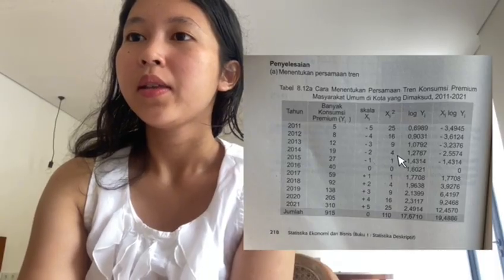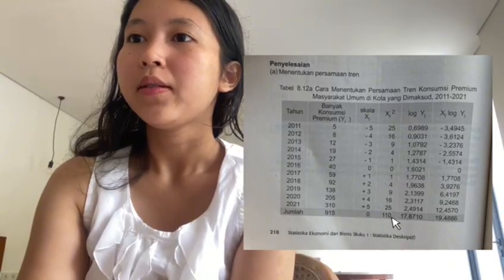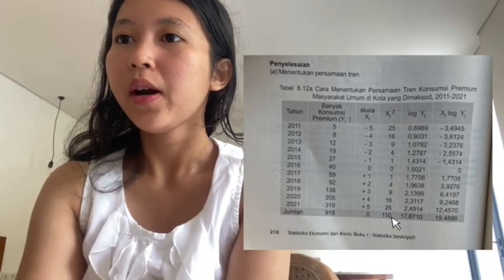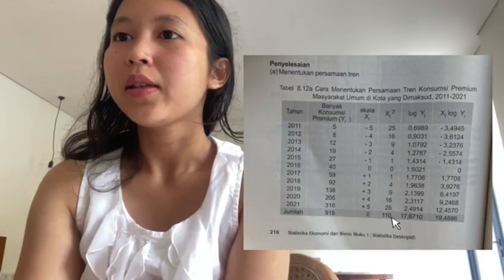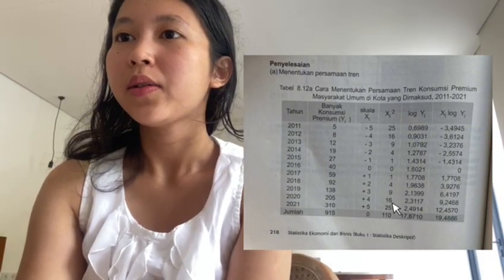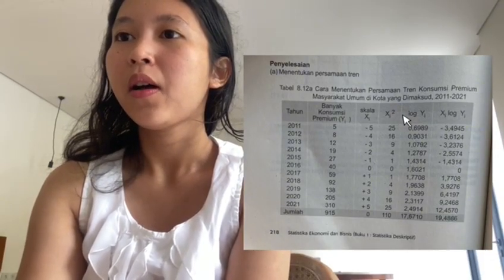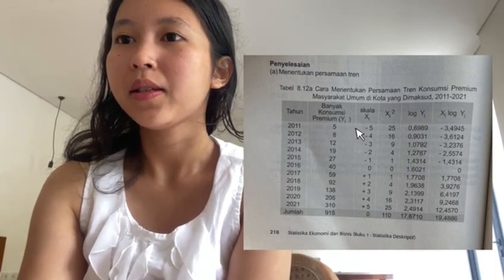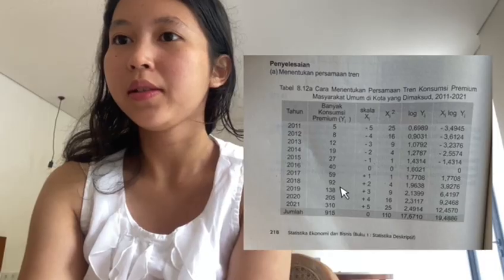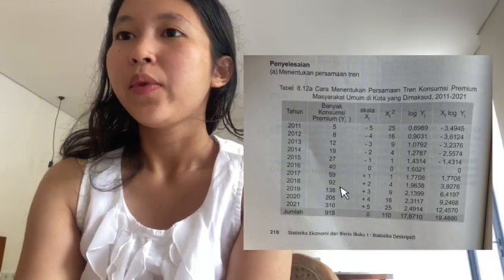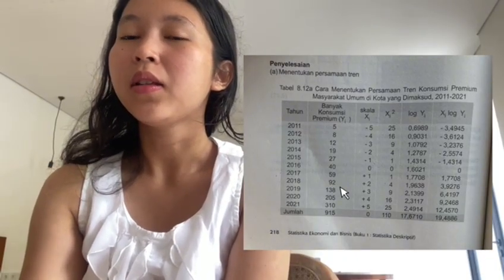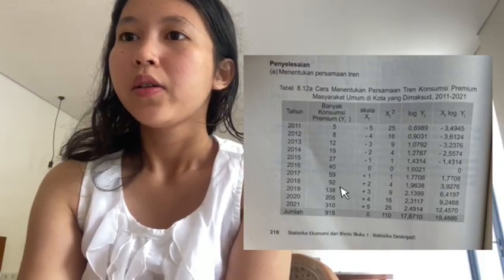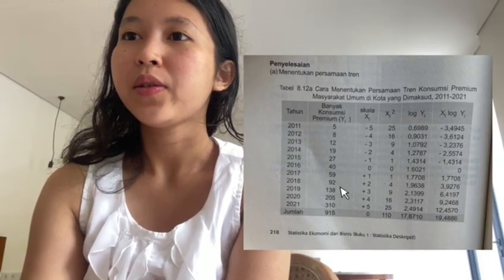And then we got the sigma of xi squared, which is 110. After we got the xi squared, we need the value of log yi. So the yi is this part, right? And then we need to find the log. You can use the calculator to calculate it.